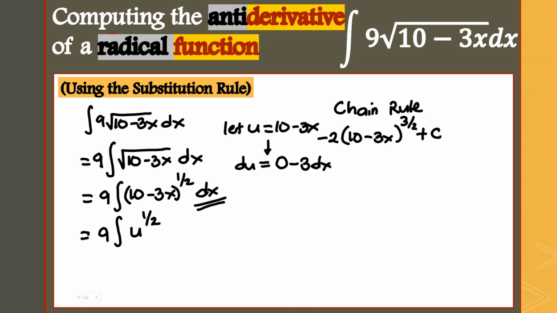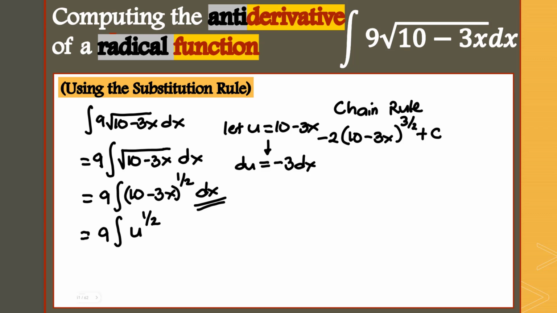Please take note, it should be -3 dx because the term there is minus 3x. I'm talking about minus 3 dx here.